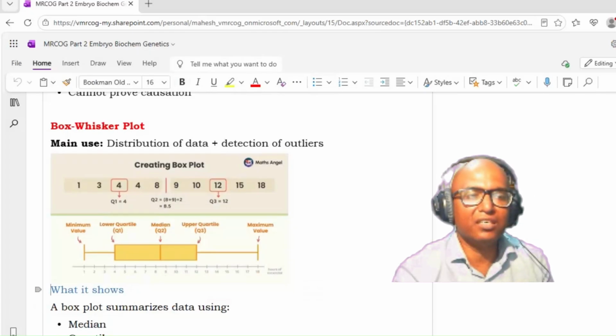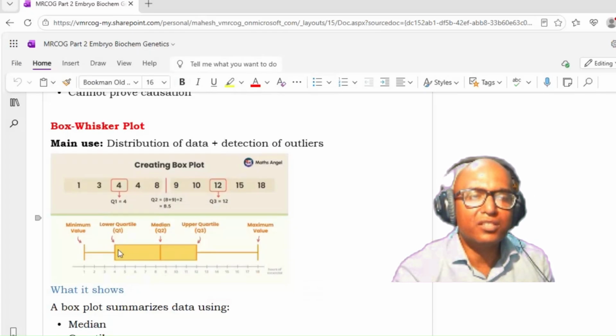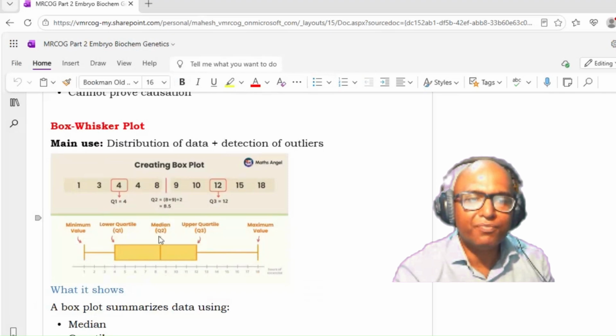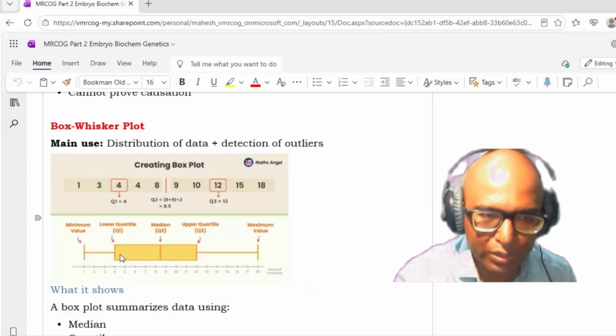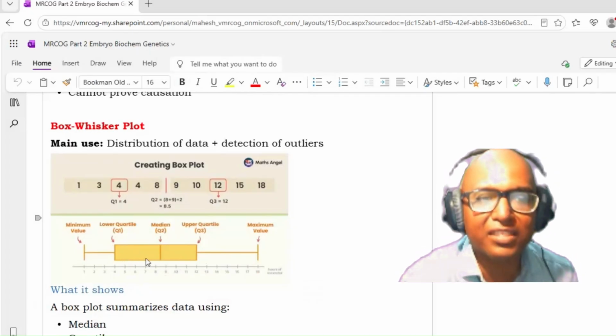We have seen in the last session about the quartiles. Here this is the first quartile, this is the second quartile, this is the third quartile, and this is the fourth quartile. The 50th percentile corresponds to the median. And this is the interquartile range, that is Q3 minus Q1. That means 50% of the observations will lie in this category.